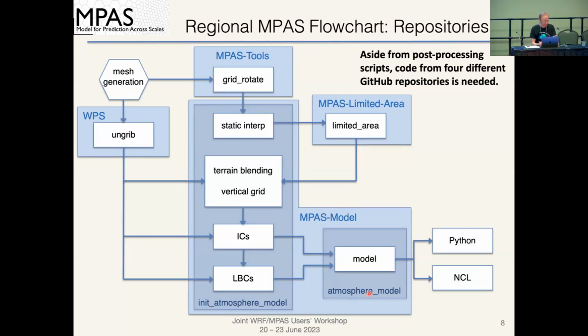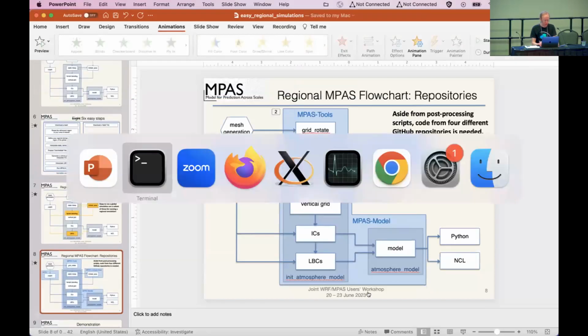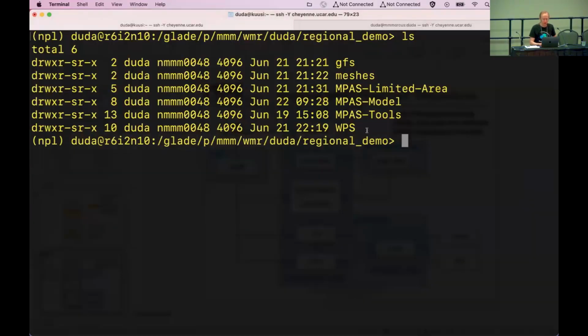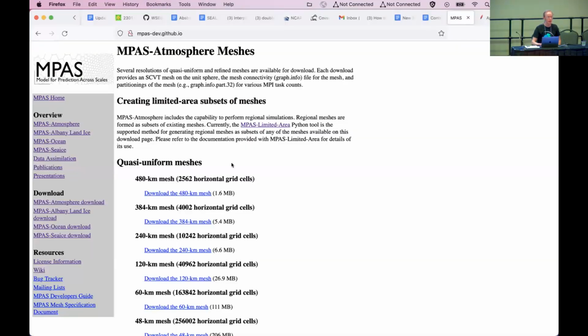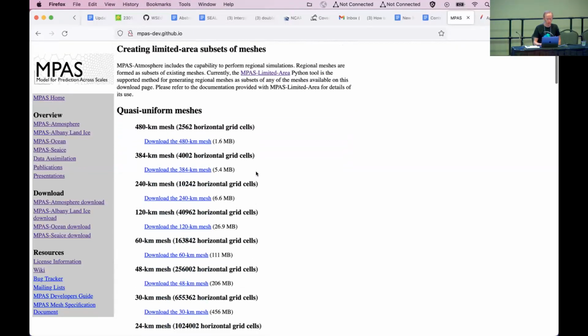So that's it. Maybe for a second, we'll jump to a terminal window and just say, right, so that's what we've got. We've got the WPS repository, the MPAS tools repository, the MPAS model repository, and the MPAS limited area repository. And from the mesh download page, I've downloaded a couple of things.